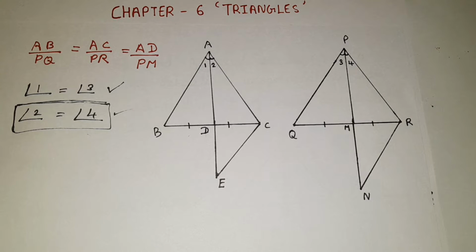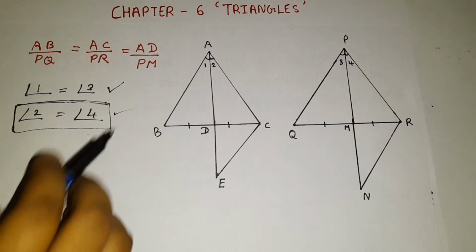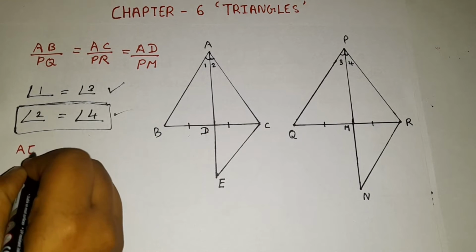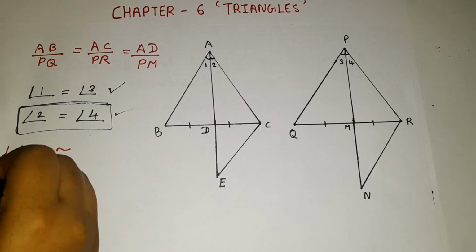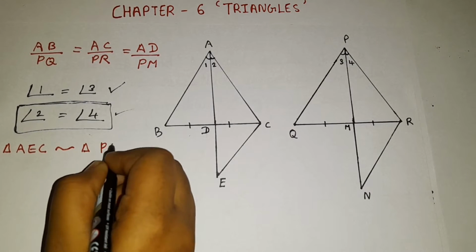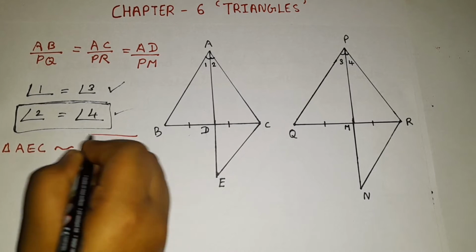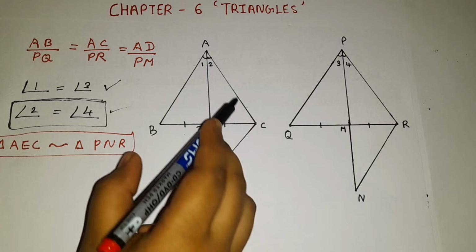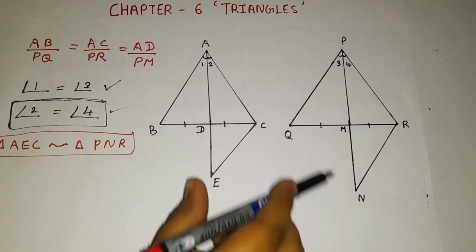So one information is missing. What is that information? So guys, remember, I'm just proving AEC is similar to, okay, if you guys are confused, I'll write it. So I'm going to be proving triangle AEC is similar to triangle PNR. I'm going to be proving this whole triangle as similar to the whole triangle PNR.